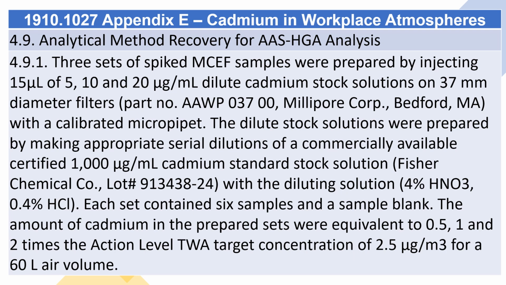The dilute stock solutions were prepared by making appropriate serial dilutions of a commercially available certified 1000 µg/mL cadmium standard stock solution, Fisher Chemical Company, lot #913438-24, with the diluting solution, 4% HNO3, 0.4% HCl.